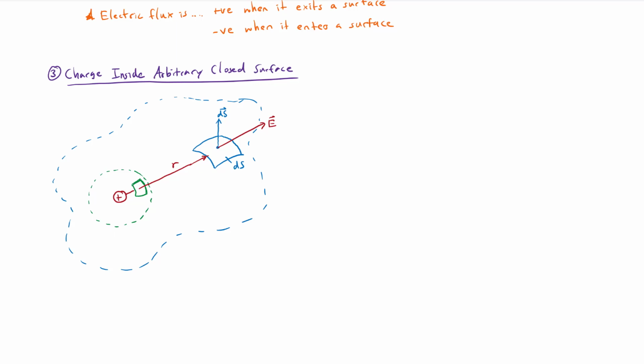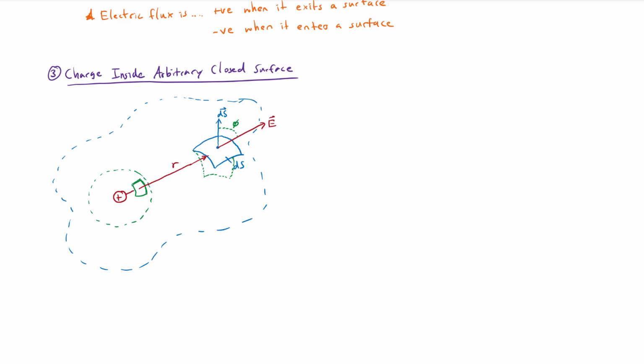Now it's also good to note that there is an angle between dS and E, and we're going to call this phi. And that phi means that we can project this entire dS onto a spherical object.